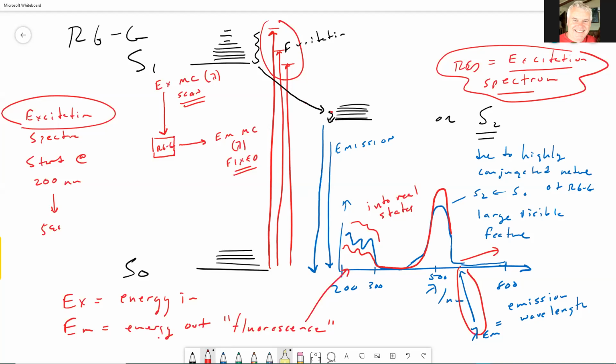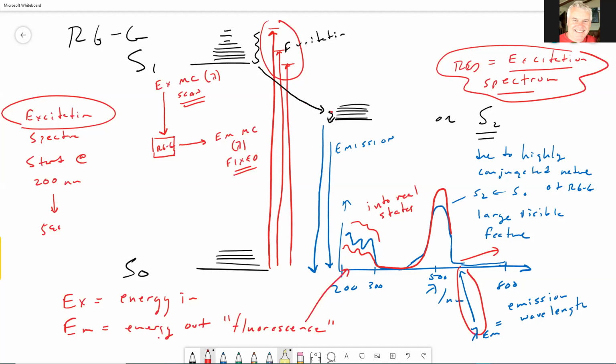Because the sample is the source, there's no real worries about ratioing to a reference beam.